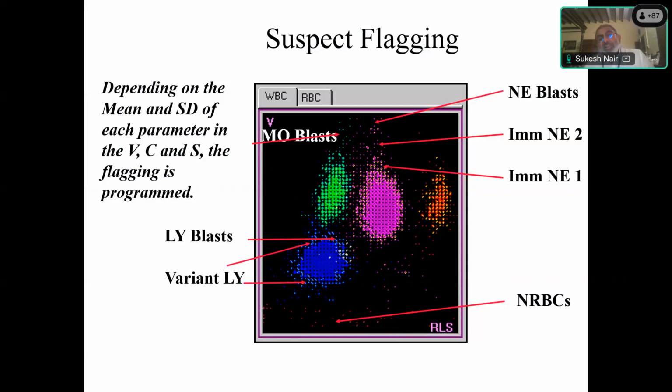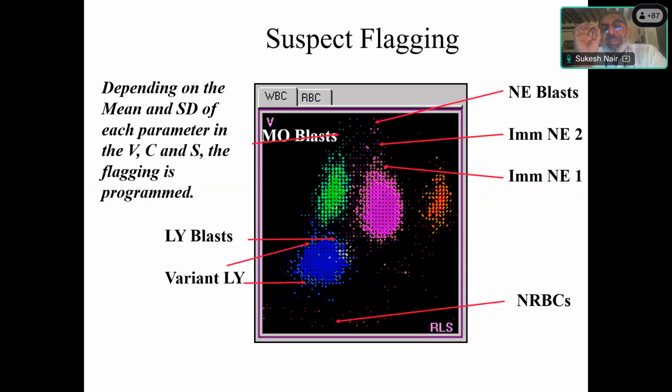The best part of the cell counter is that if a cell falls into an area which is not defined by the flagging parameters, or the algorithm of the cell counter gets a little confused, then the cell counter says, okay, I have been developed for identifying cells, and I know where the cells are falling. So the cell counters will start suspecting abnormal cells, and they give what is known as suspect flagging.